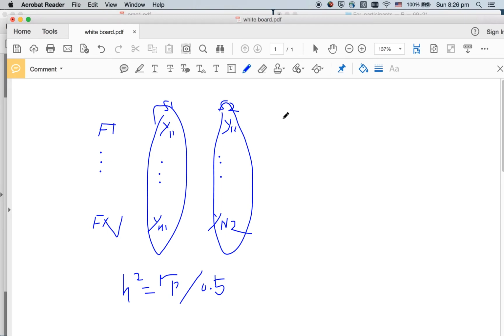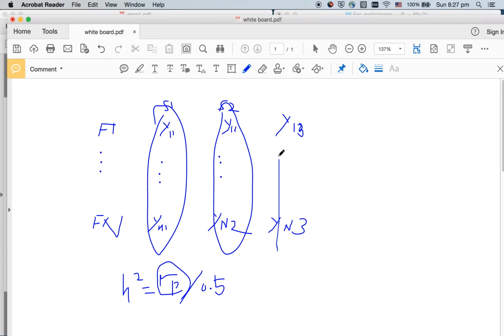So in full sib or half sib, that's possible, right? Now this is y1 3, sorry, this is yn3. Then how can you get a phenotypic correlation using these 3 pieces of information?